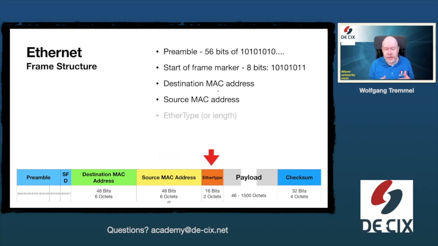Then we have 16 bits called an ether type. Ether type tells the CPU, the network stack, what kind of payload this Ethernet frame contains. Is it IPv4? Is it IPv6? Or is it something else? So that's coded into the ether type. And at the end, we have a checksum.